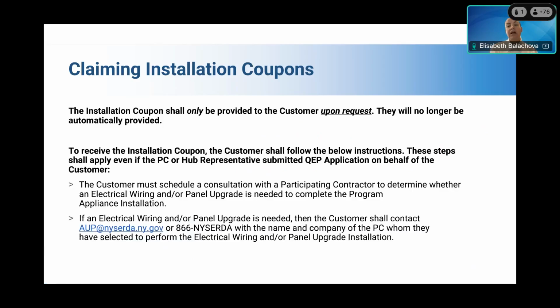Once you do that consultation with the customer and they have presented that information to us, they will receive their coupon. Regardless of whether the customer submitted the application on their own or you helped them apply on their behalf, they still have to go through that consultation and submit everything to NYSERDA. Once approved, they will receive their coupon.